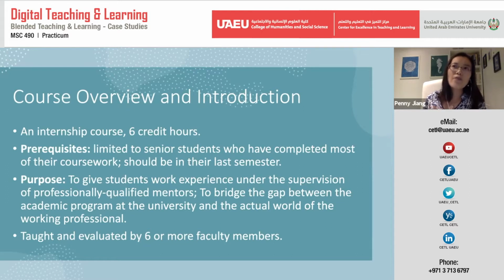So usually one faculty member will supervise around 15 students in 1 semester. And since 2013, the number of our students has been expanding all the time. And now there are more faculty members teaching this course.